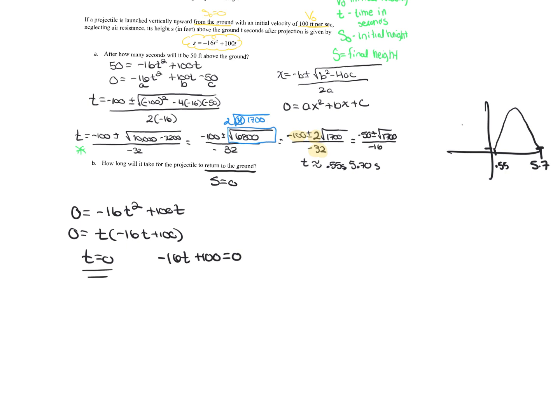This makes sense because when it starts, it's on the ground. But for this one, I subtract the 100 over and divide by negative 16. And then you get 6.25 seconds. So it'll be back on the ground in 6.25 seconds.